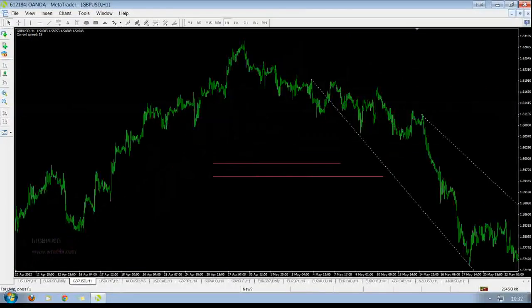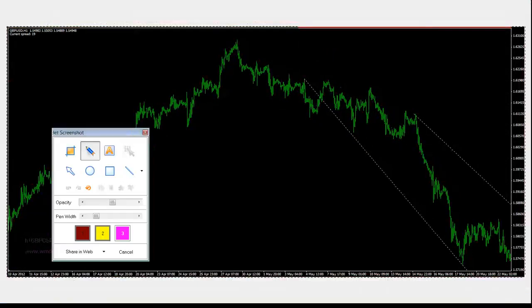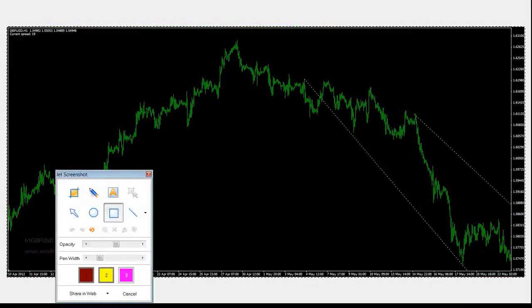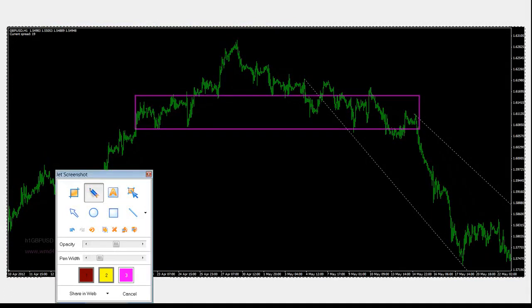And if we look at this fall and we mark off the area where support was found, right? Again, just look at the kind of construct, right? When she started falling, you had that period for about the course of a week or so where price was just toing and froing.